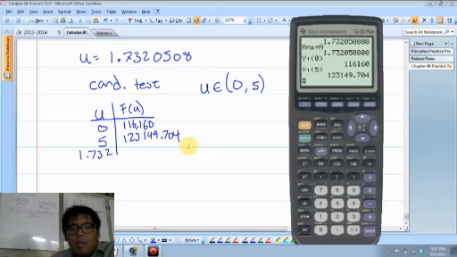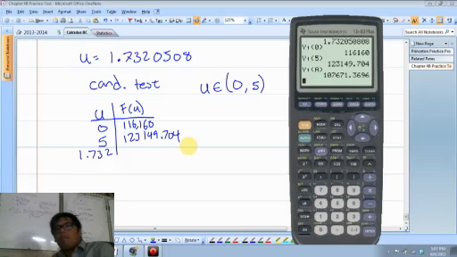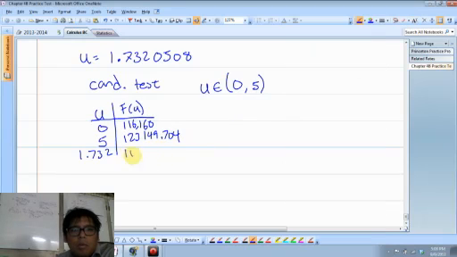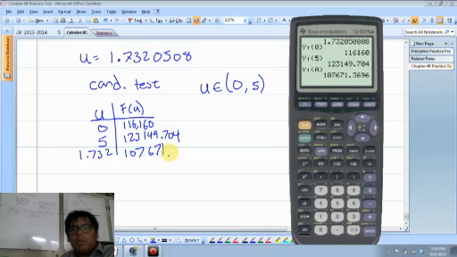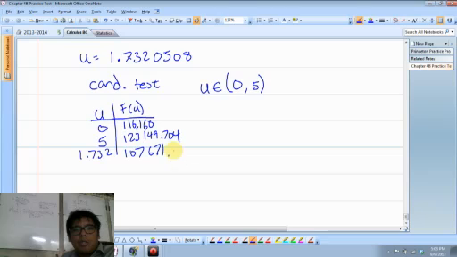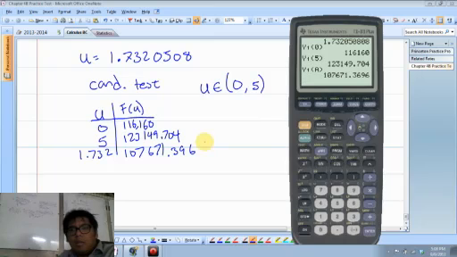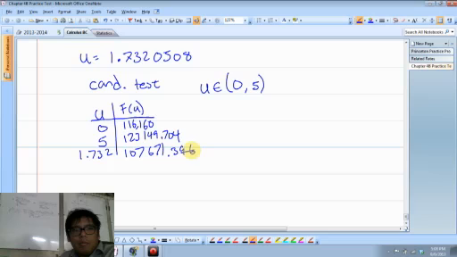And lastly, let's figure this out at A. 107,671.396369? Oh, yeah. All right, so based on this evidence, I see this is the maximum and this is the minimum.